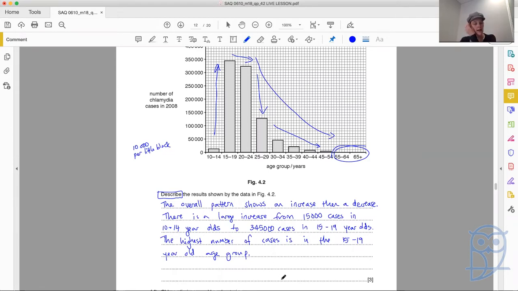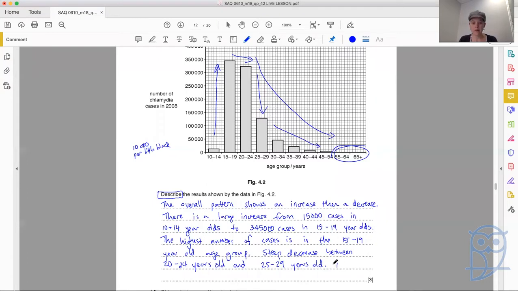We have to consider how much space we have here. So we've said that there is a decrease. We can say that there is a steep decrease between 20 to 24 years old and 25 to 29 years old. But we want to be really sure that we mention there's no cases in these two upper age groups.